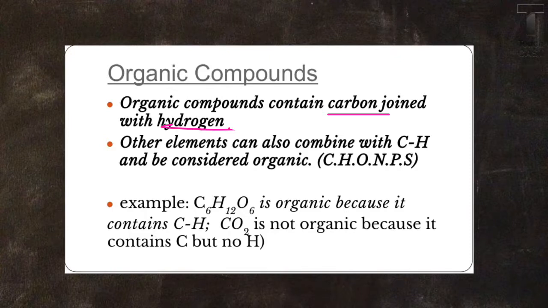We use CHOMPS: carbon, hydrogen, oxygen, nitrogen, phosphorus, sulfur, to help us remember these other elements. An example is C6H12O6, which is organic because it has carbon and hydrogen. A non-example, CO2, which is not organic because while it does have carbon, it does not have hydrogen.